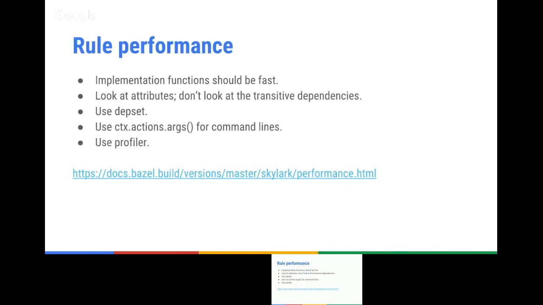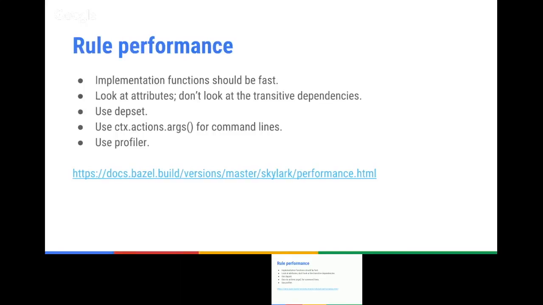And then you have also other tips, like we recently added some functions to generate the command line. Because when you gather all your dependencies in a depset, you don't want to expand the depset, or you don't want to iterate over it in the analysis phase.